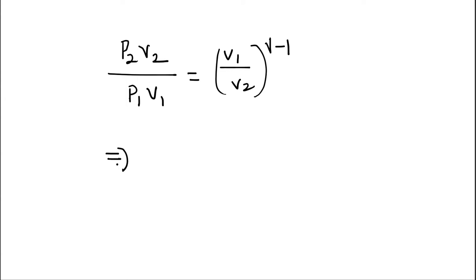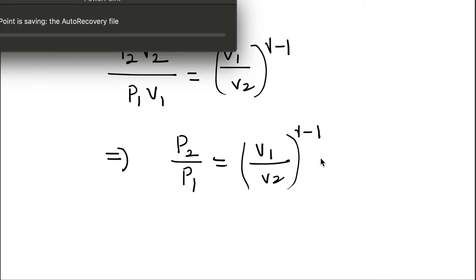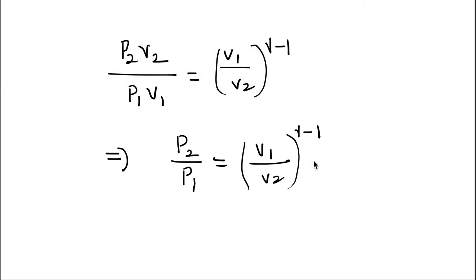Now I keep pressure terms on the left side, that gives P2 over P1. I have V1 over V2 power gamma minus 1 on the right side already. The V1 which is in the denominator on the left side, when it comes to the right side, enters the numerator, and the V2 which is in the numerator on the left side goes into the denominator.